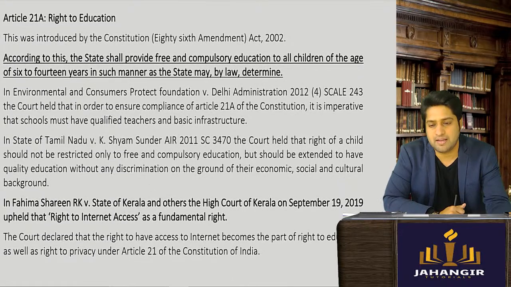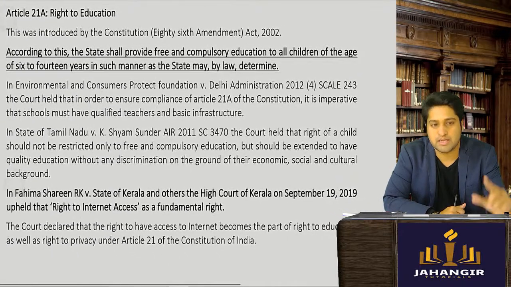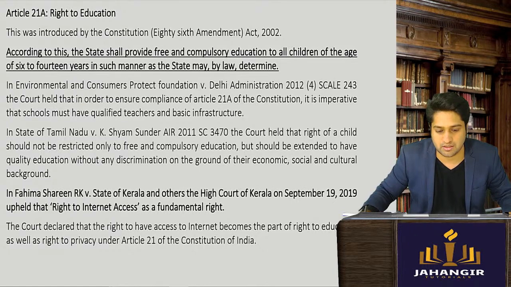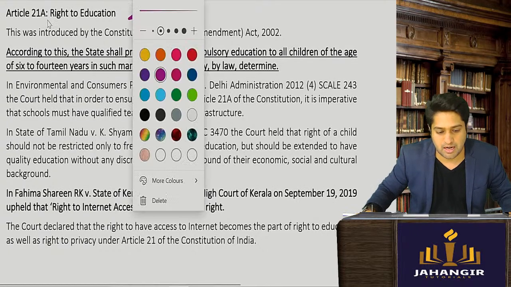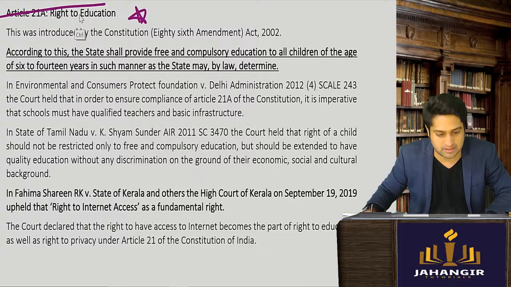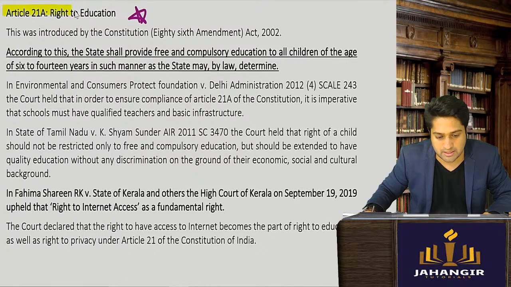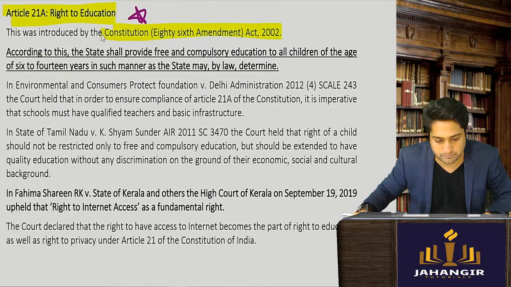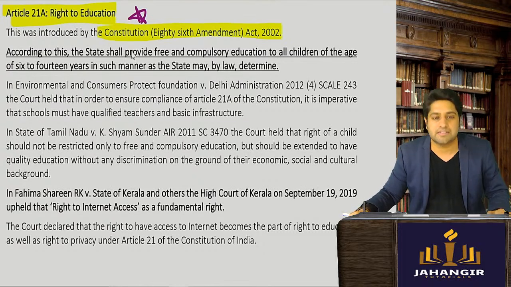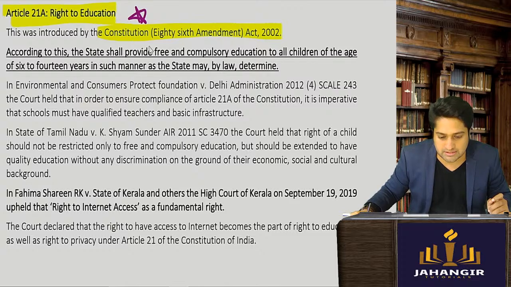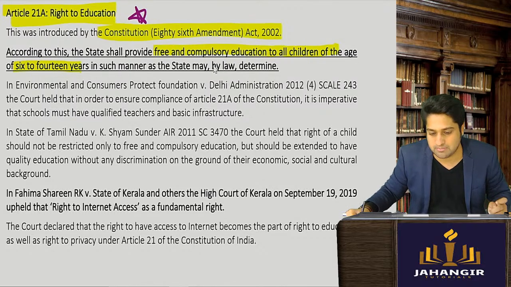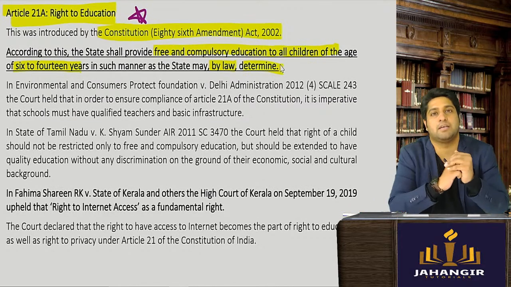Now a very, very important right which I want you to take note of is Article 21A. Article 21A talks about the right to education. It was introduced in 2002, where it says that the state shall provide free and compulsory education to children from 6 to 14 years in such a manner as the state may by law determine.